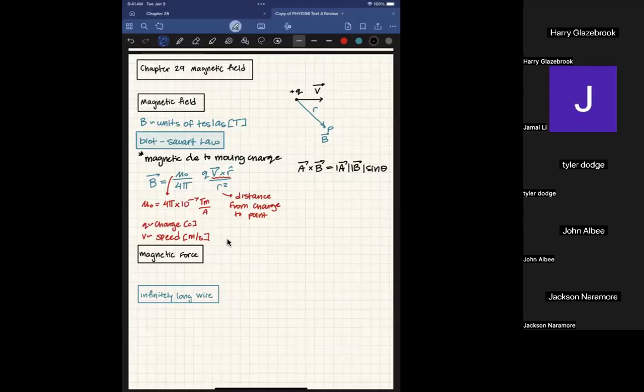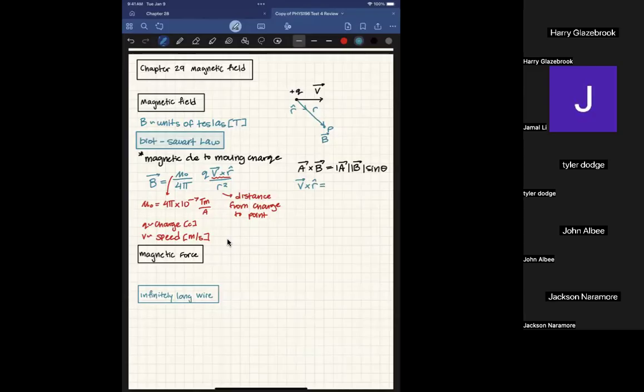So usually if you want to solve using the Biot-Savart law, you'll do velocity crossed with r hat. R hat is the unit vector that points from your charge Q to your point P. So it points along your distance r. For most practical purposes, the angle is going to be 90 degrees.